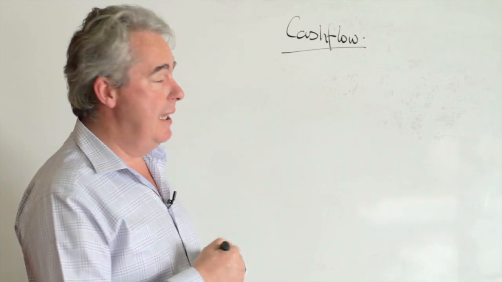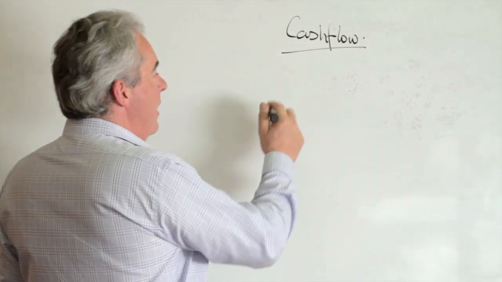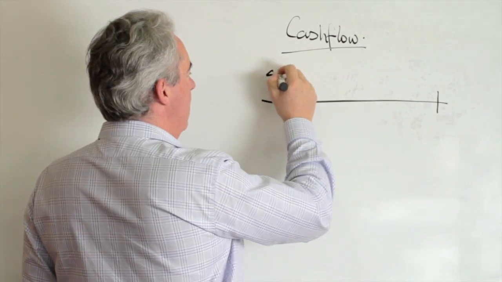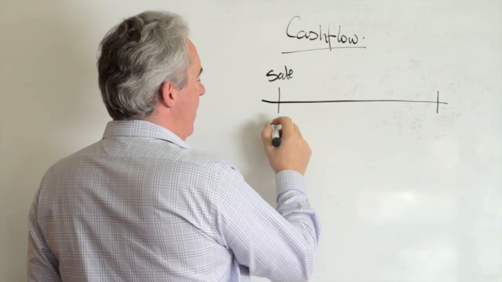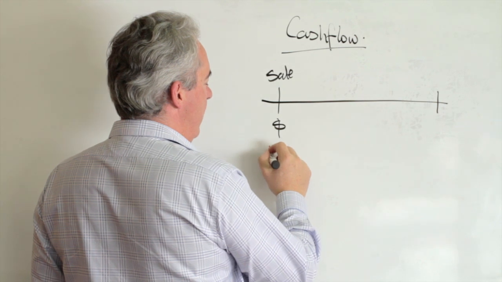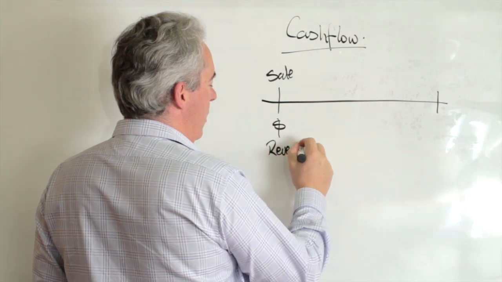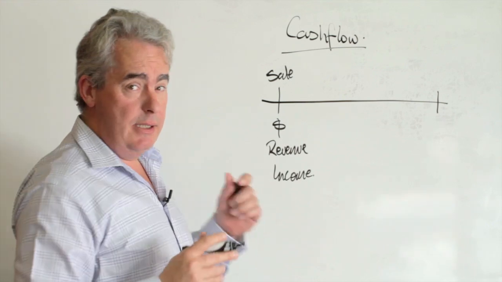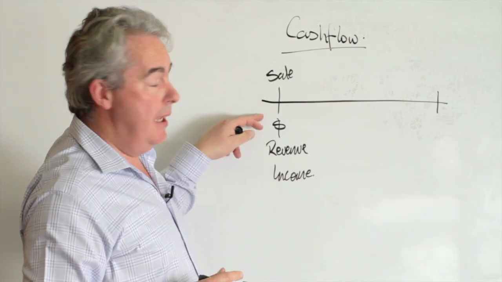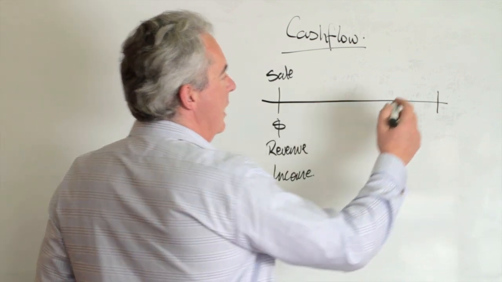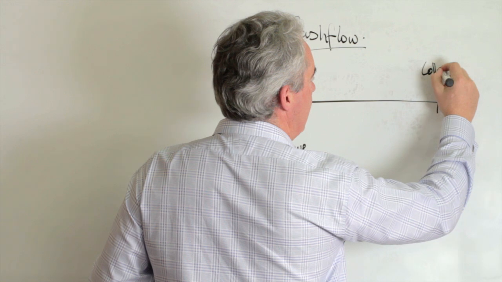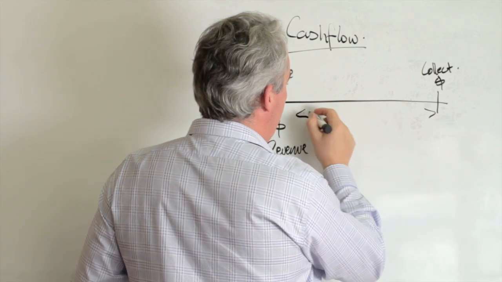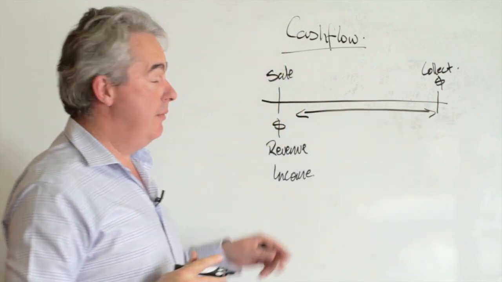So what can happen, and the easiest way to explain it, is that we do it on a timeline. So we've got a sale on a particular date, and we recognise the revenue or the income at the time we make that sale. Now, what can happen is that we'll actually collect the dollars from that sale at some point in between those two dates.